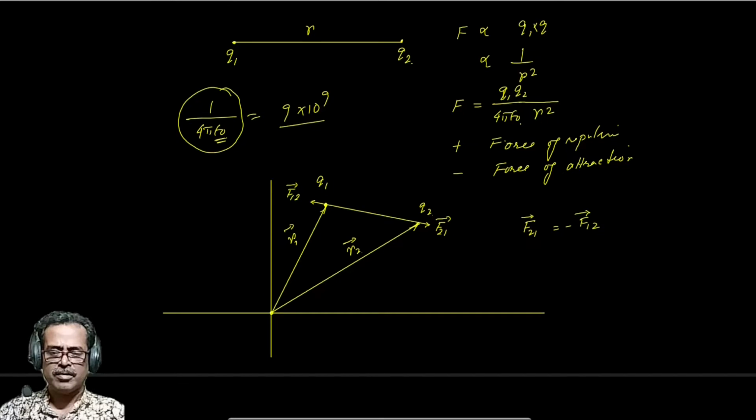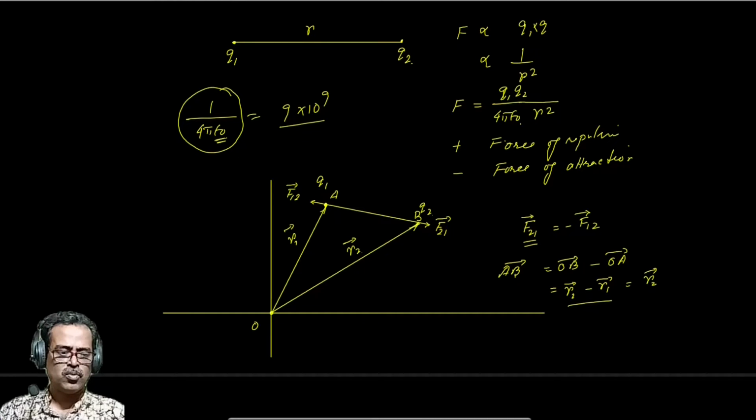And suppose this is O, A, B. Now we know that AB is equal to OB minus OA. OB is equal to R2 minus R1. So the direction of F21 is along this direction, which is along AB, that is R2 minus R1.